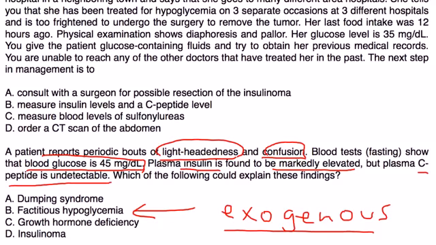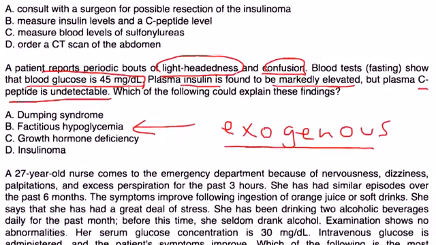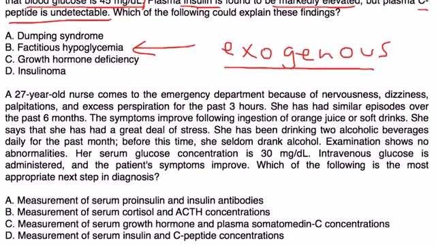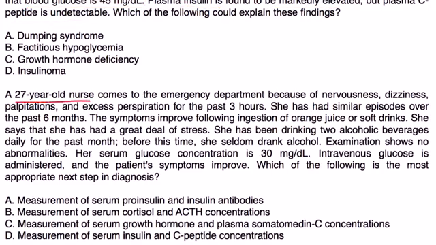So it's factitious hypoglycemia. And then finally, a 27-year-old nurse comes to the emergency department because of nervousness, dizziness, palpitations, and excessive perspiration for 3 hours. She has had similar episodes over the past 6 months. Symptoms improve following ingestion of orange juice or soft drinks.